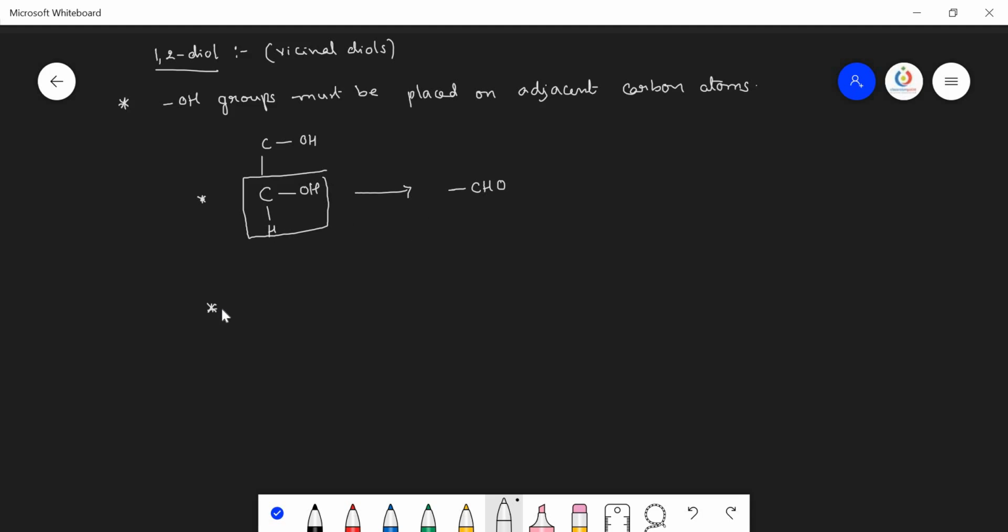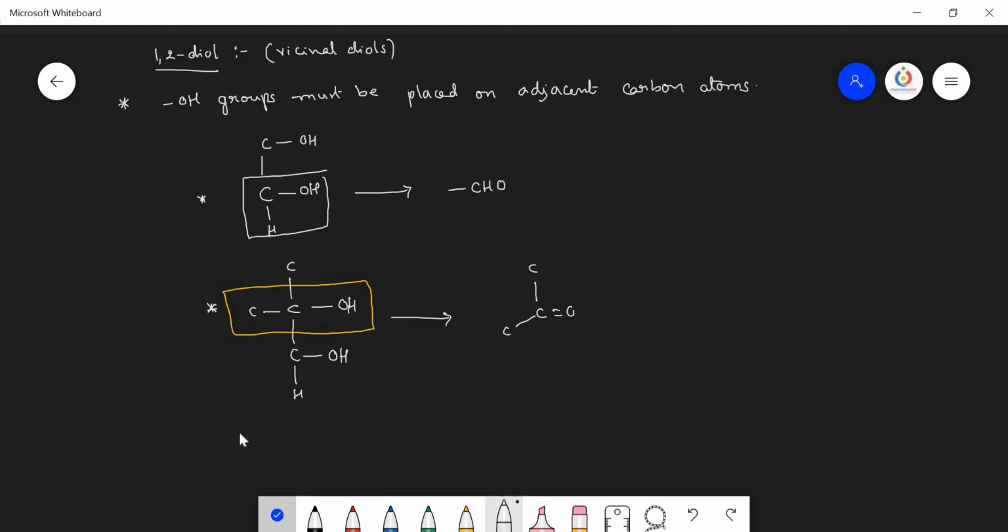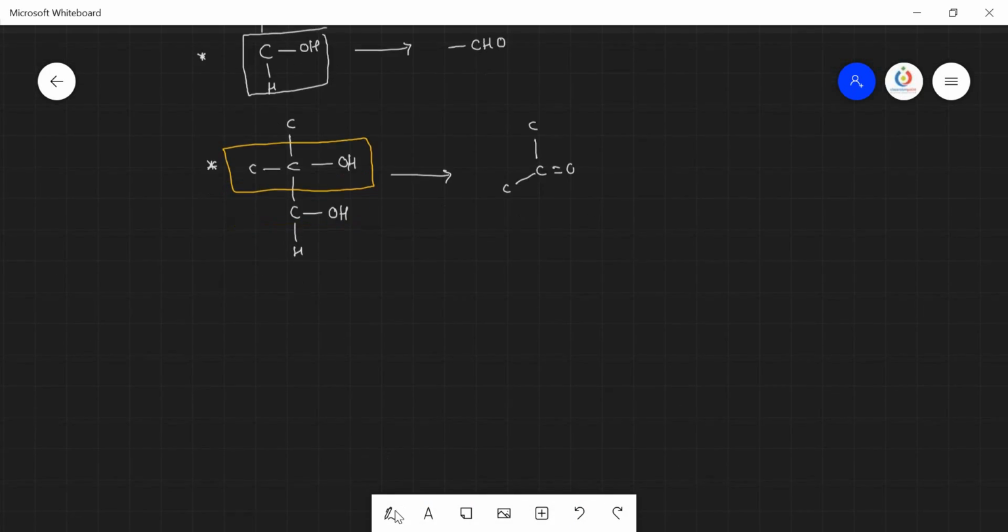Then the OH bearing carbon atom, see now I am taking a carbon atom having no hydrogens, this particular group. Here this one will be oxidized to the keto group. Okay, next.